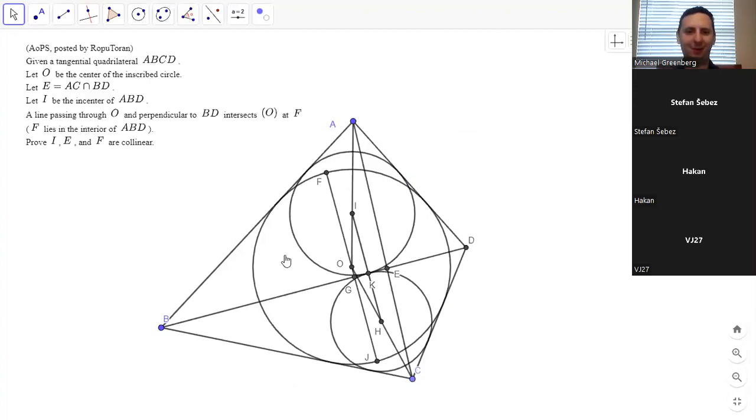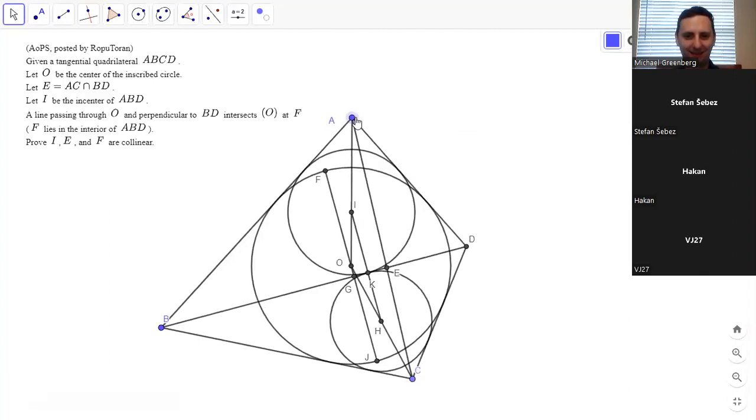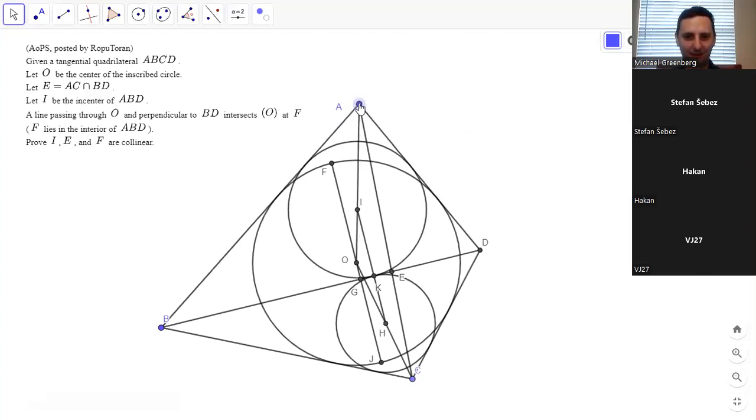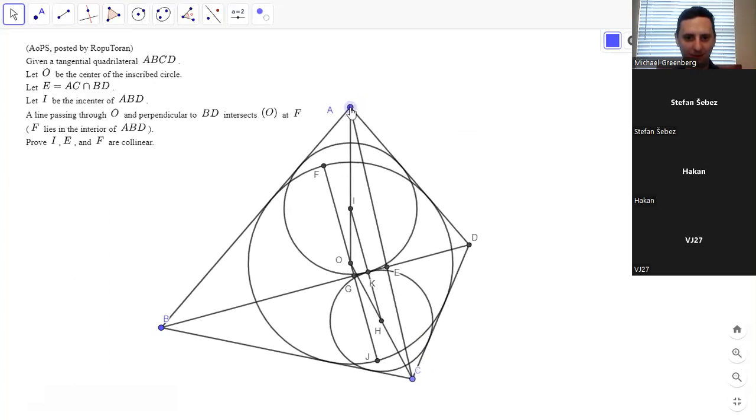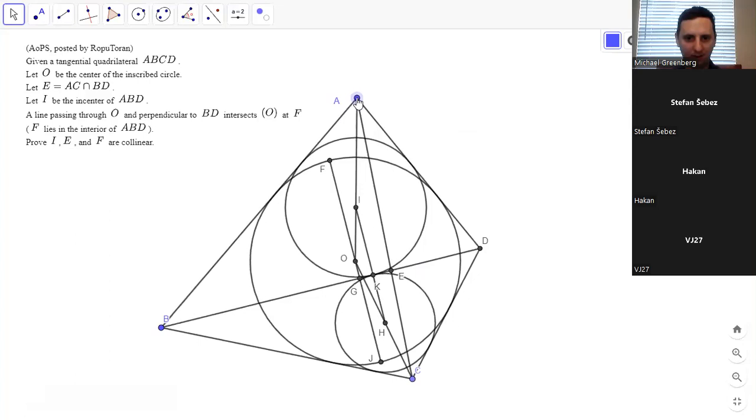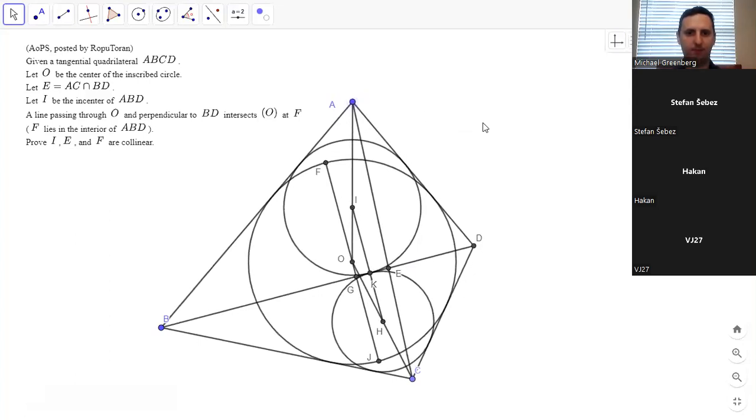Now these really look all parallel. Okay. So IK is just the radius of the circle.